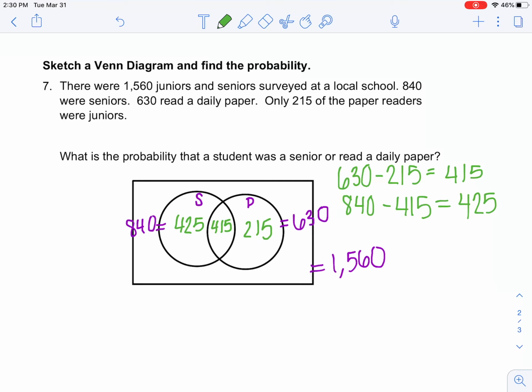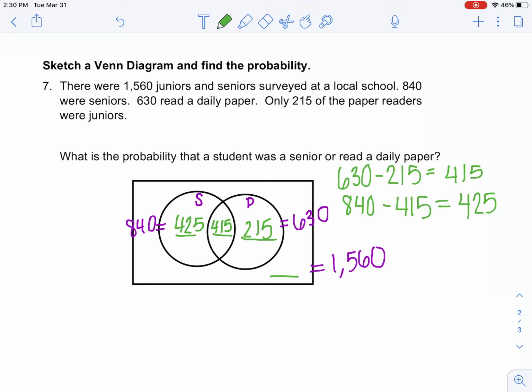Okay, lastly, if you were to add up these three numbers, they would not add up to 1,560. So there's something that we're missing. The number that we're missing is the number that would represent juniors who did not read the paper.